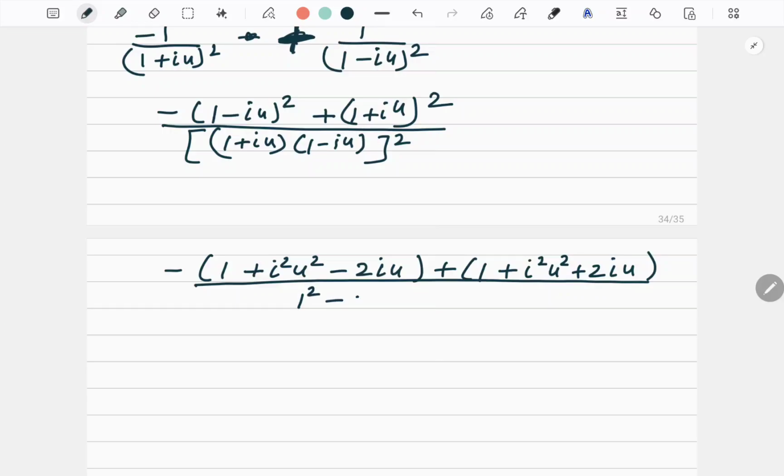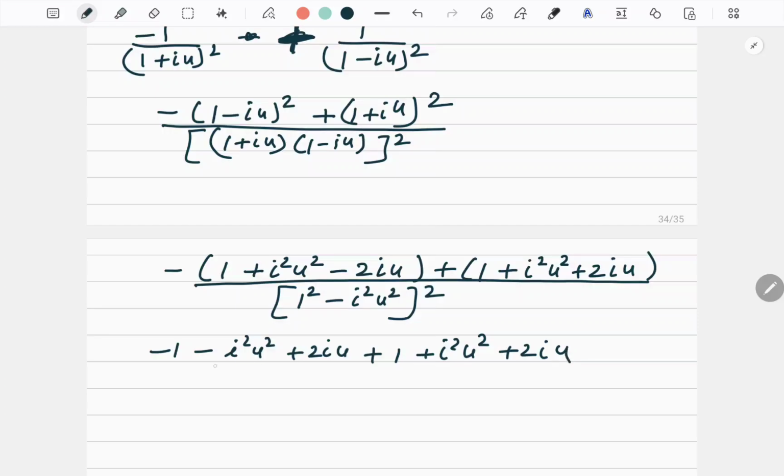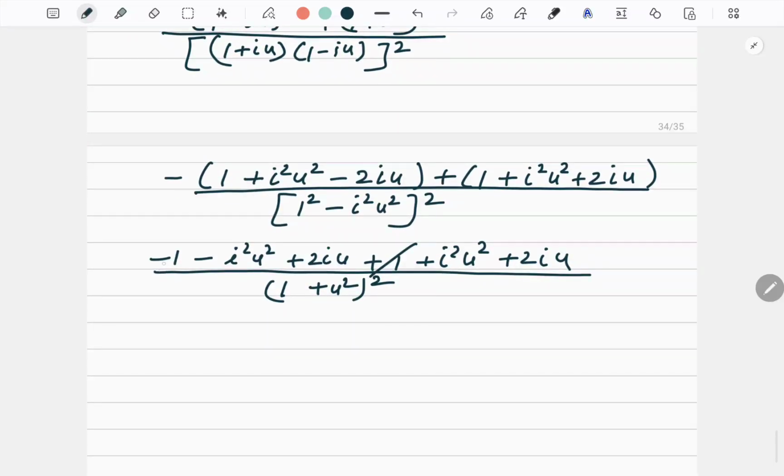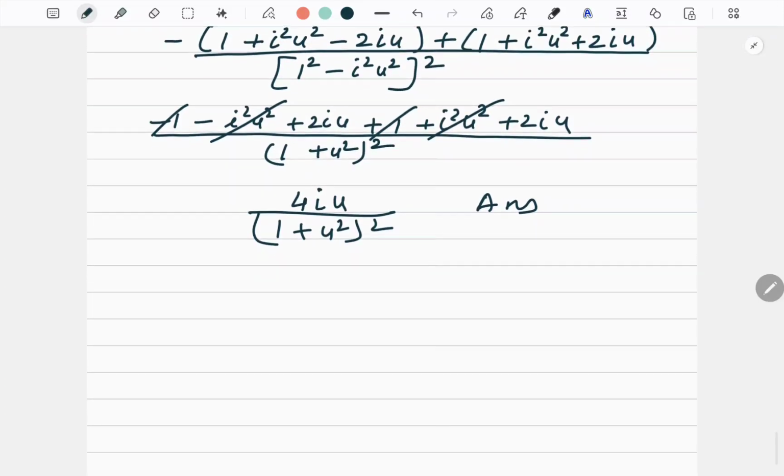So (a square minus i square u square) whole square. So in the numerator I have minus 1 minus i square u square plus 2iu, plus 1 plus i square u square plus 2iu, upon (1 plus u square) square. So now here 1 minus 1 gone, this term and this term gone. So 4iu upon (1 plus u square) square. So this is what I got as my answer.